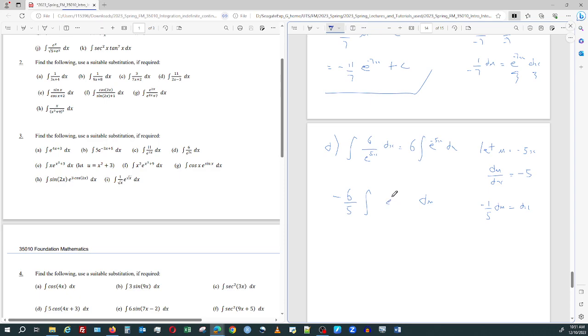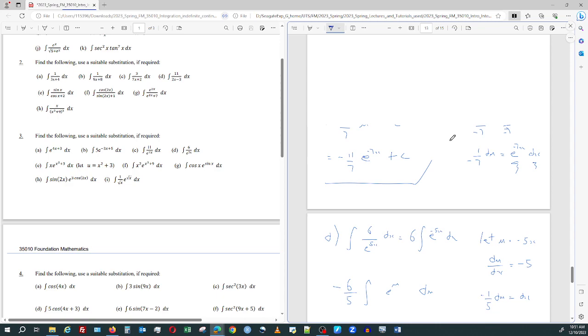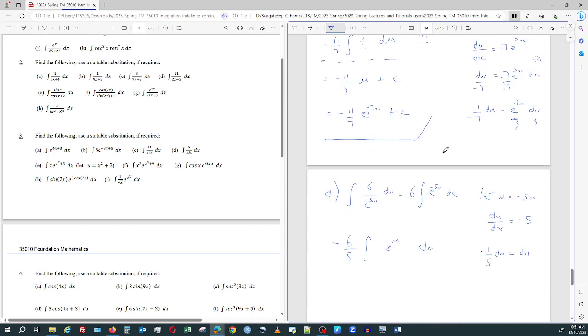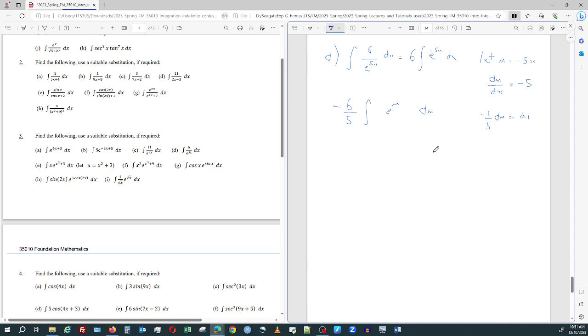So this one is panning out similarly to the previous one, but I'm just showing you what the different techniques look like. By using the whole thing there, I probably overcomplicated that one, but this one's fair enough.